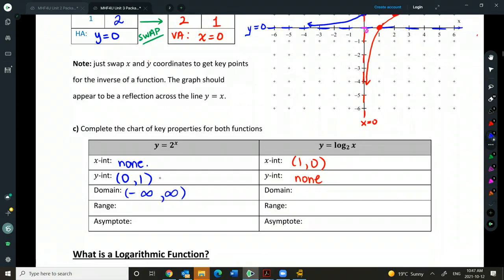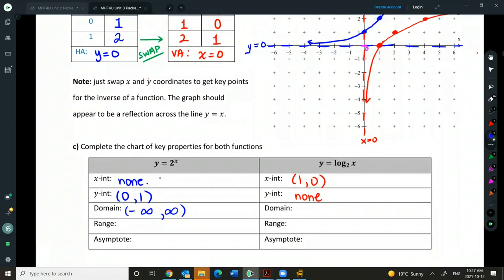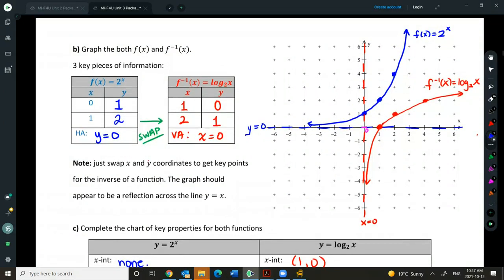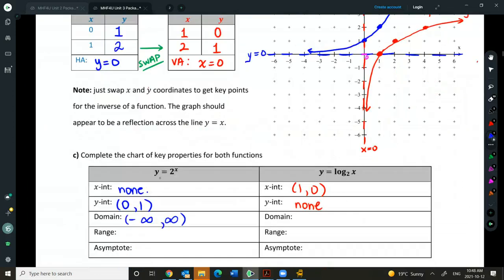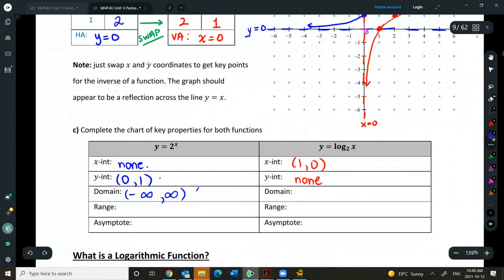We'll do range as well for the blue function. So 2 to the x, any restrictions on the bottom to the top here of the blue function? Michael? Yeah, so that would be the other option. You can also just write for domain, x is an element of real numbers. That would be the other notation.